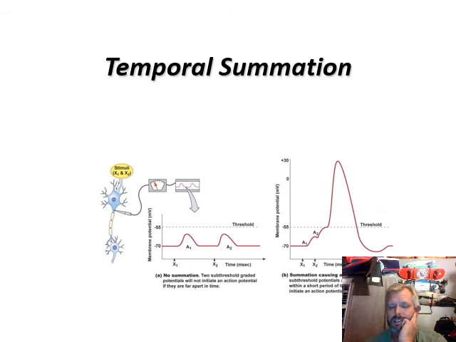Now, temporal summation. What if we had one stimulus coming in from the same location, and then a little bit later another stimulus? There's no summation. But what if that one neuron signals back to back, boom, boom? We can get what's called temporal summation, over time.